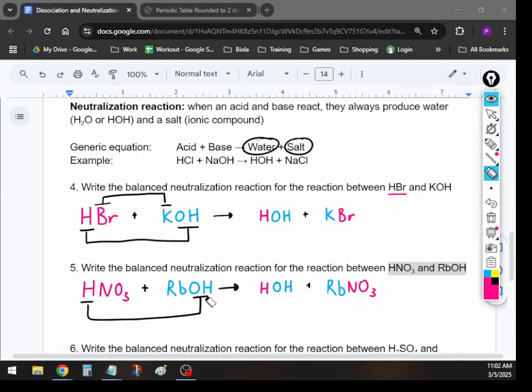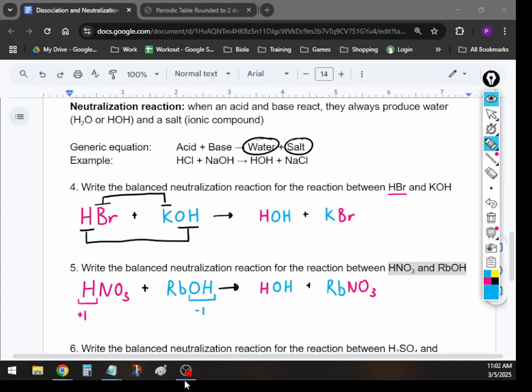Okay, so let's take a look at the example that we just did. What we're going to do is label what the charges of these ions are because it'll help us with the more complicated examples. So let's take a look at H right here. What did we say the charge of hydrogen is? It's +1. Hydrogen is always +1. So if you want to write that down, make sure you write it down. And we said that OH from a base is always -1.